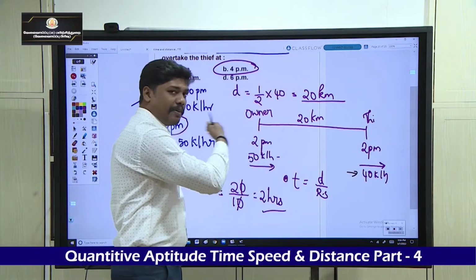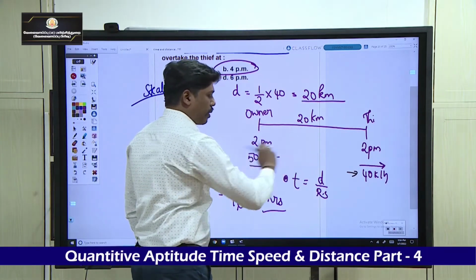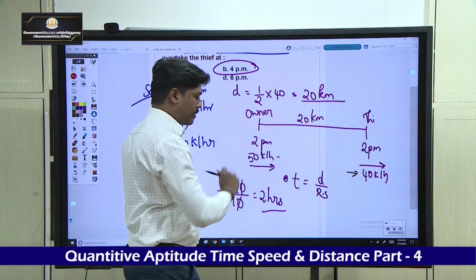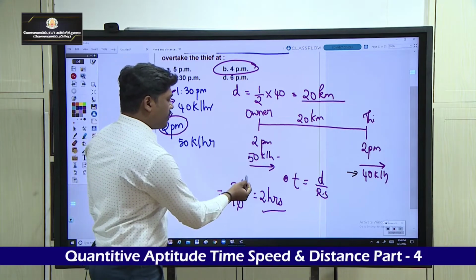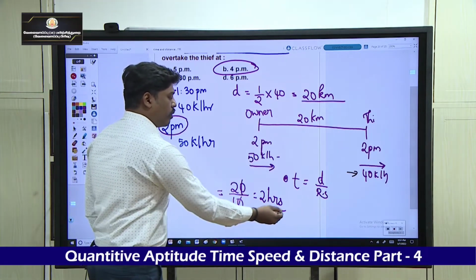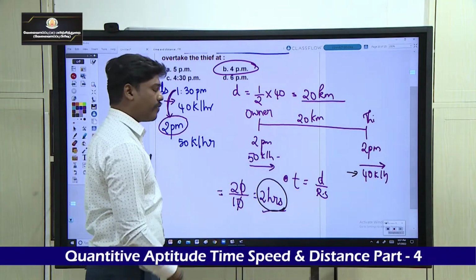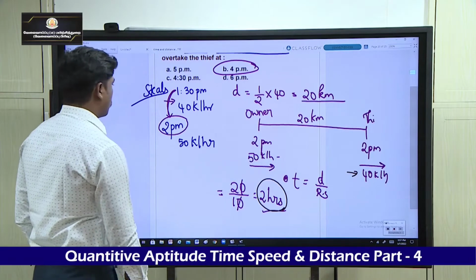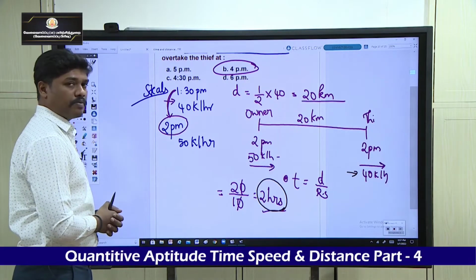They are moving in the same direction, so relative speed is 50 minus 40, the difference between the speeds. And time taken is distance, which is 20, divided by 10, the relative speed. You will be getting 2 hours. After 2 hours, you will catch the thief. Okay. With this, I am just moving on to the next one.